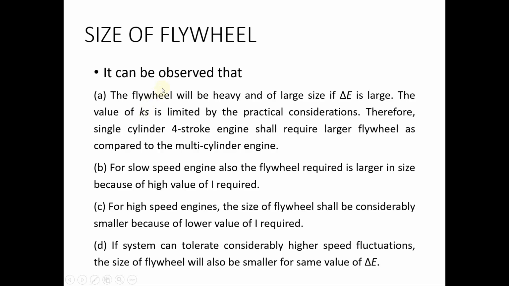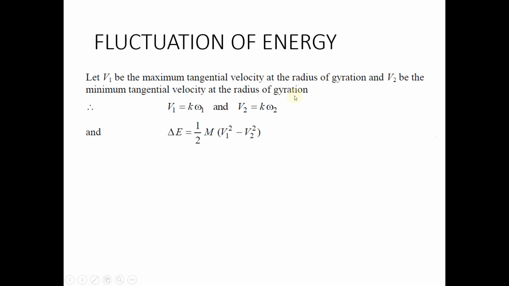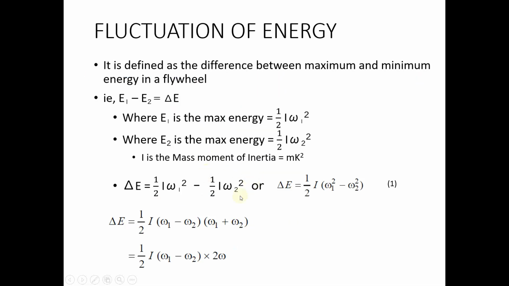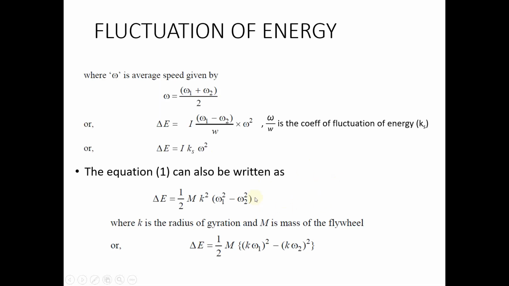Therefore, a larger flywheel will have to be used when delta E is large, because if a larger flywheel is used, it means the mass will be higher. So if more fluctuation of energy is there, then to balance that fluctuation of energy, you will have to adjust the mass of the flywheel accordingly. See the equations here. In all these equations, you can see the mass factor is there.